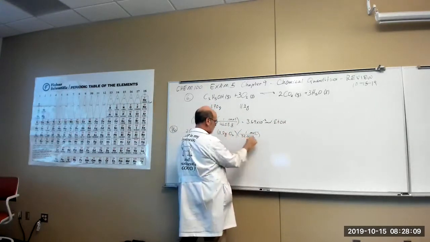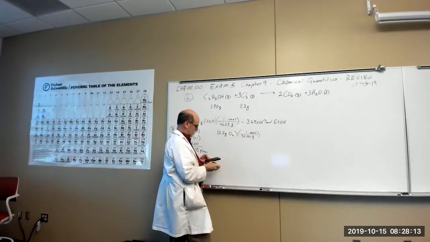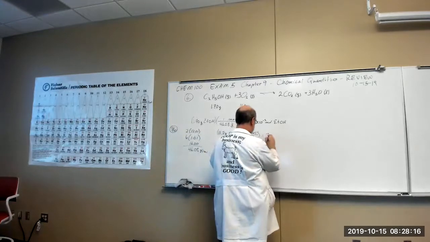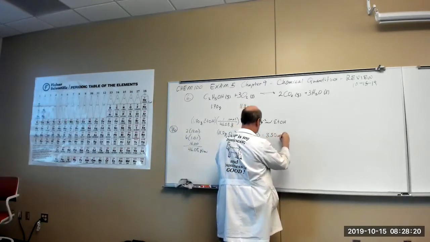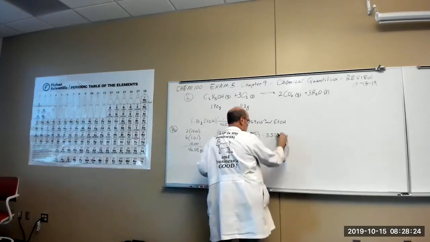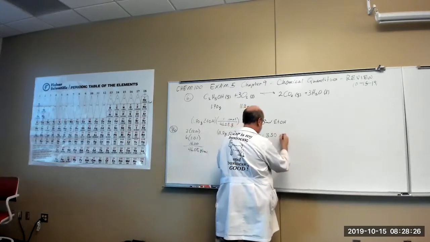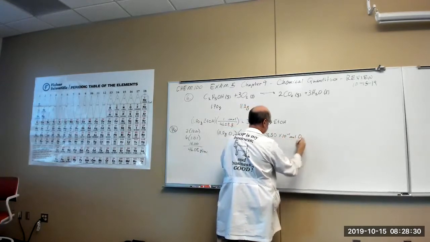So grams cancel. And 11.2 divided by 32 is 3.5 times 10 to the minus 1 moles of oxygen.